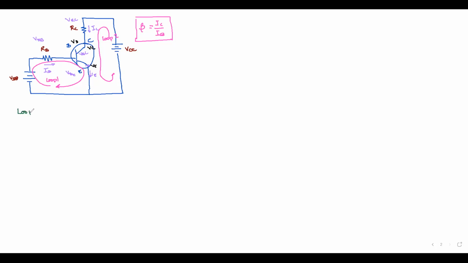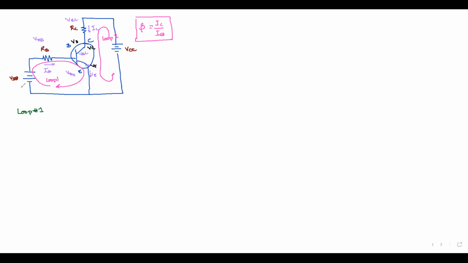Okay, loop number 1. If you can remember your KVL, it says that the summation or the total of all the voltages in a closed loop is equal to 0.